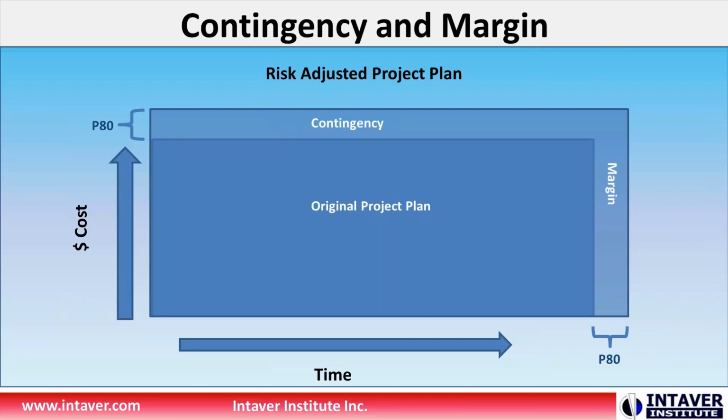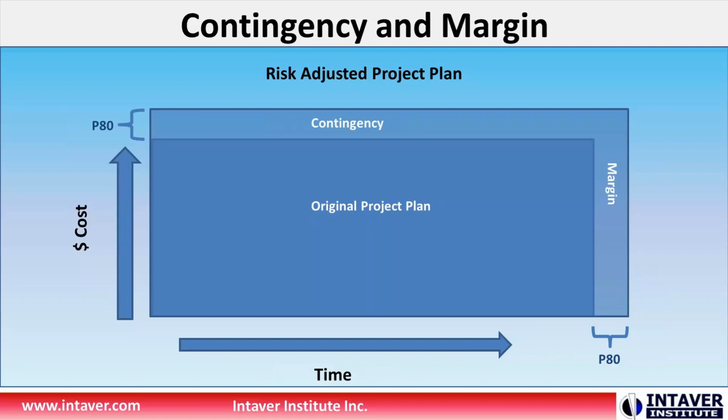In this case, we're showing it as P80. One of the questions I do get is, if we're putting it at P80, does that mean we're adding 30% to our budget or 30% to our schedule? No, that's not what the percentage means. It's a certainty level, and it doesn't equate at all to a percentage of the budget or the schedule.